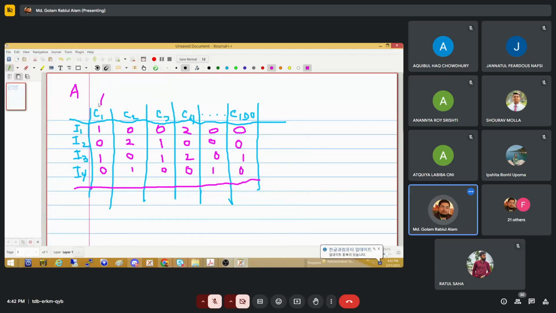For column 1, we want to find out the probability distribution of this column 1. For that, we have to find out the Frobenius norm.